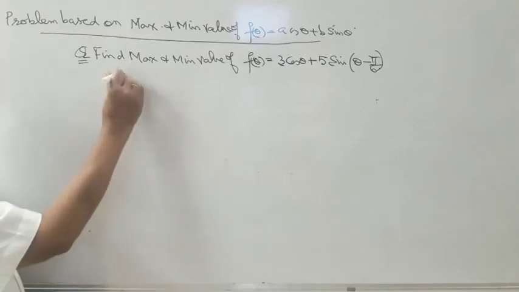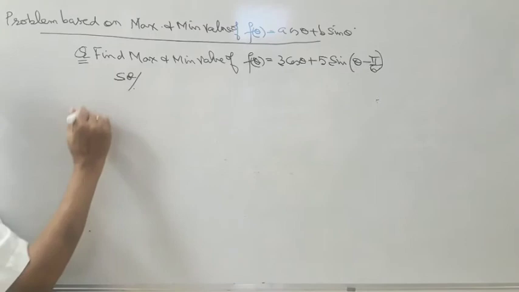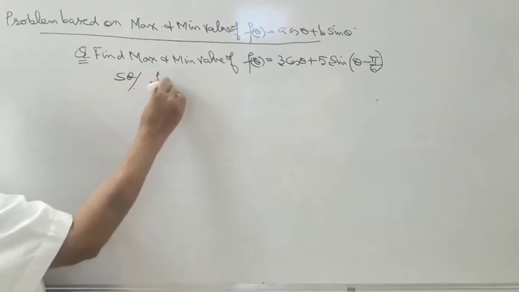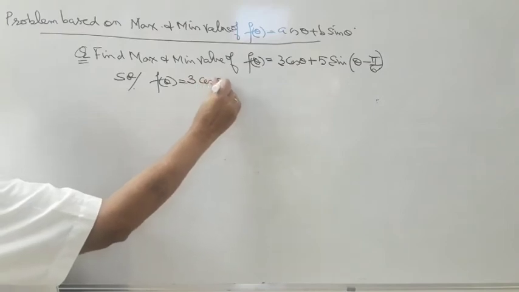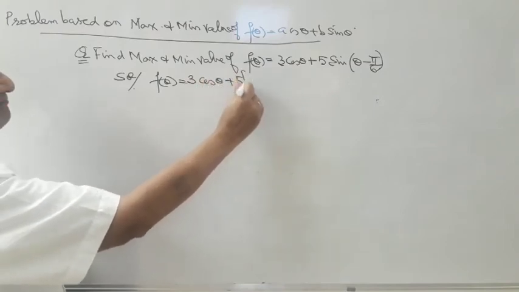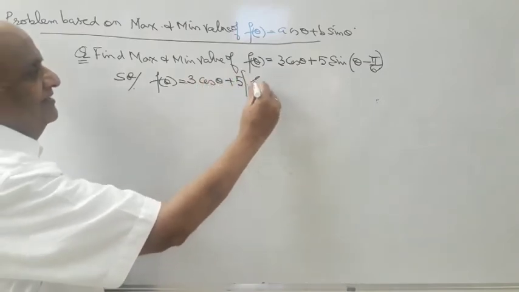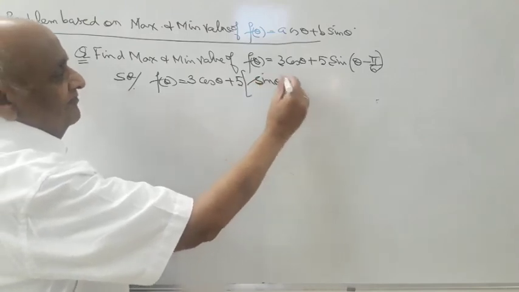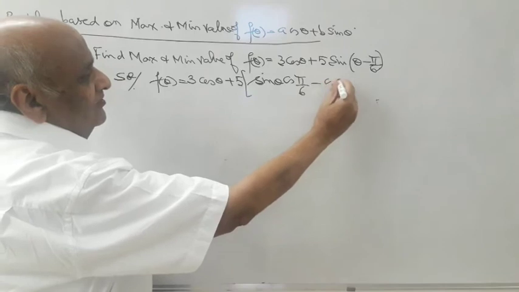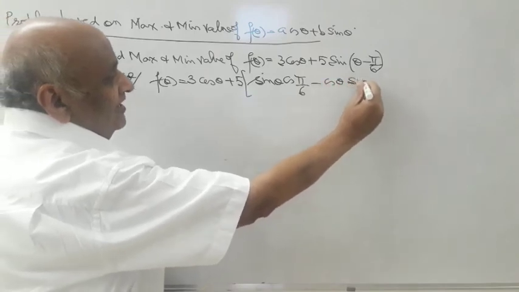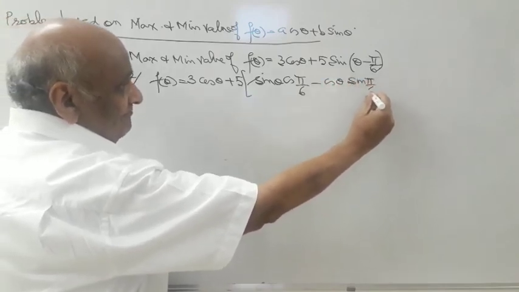So the solution for this: f theta is 3 cos theta plus 5 sin theta cos pi by 6 minus cos theta sin pi by 6.